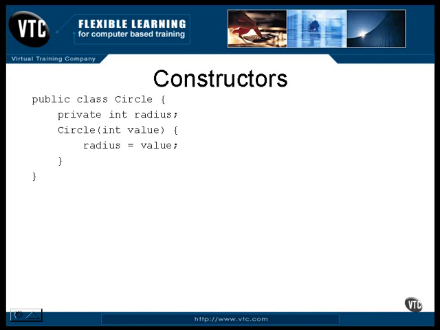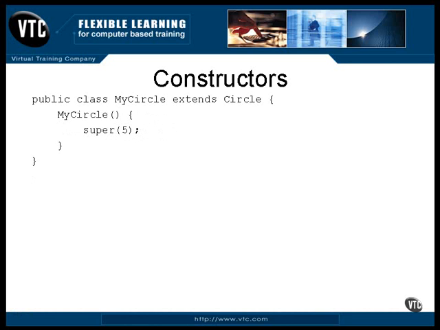If you extend this class, you will have to allow for it this way. This is the default constructor of a class that extends the circle class and sets the default radius to 5. You must include a call to the constructor of the superclass because the superclass does not have a default constructor, even though this is the default constructor of the subclass.